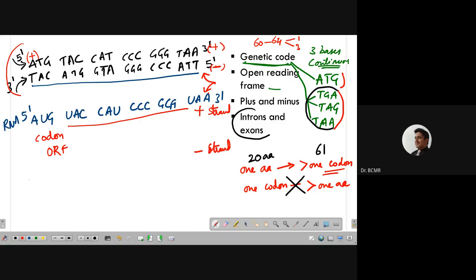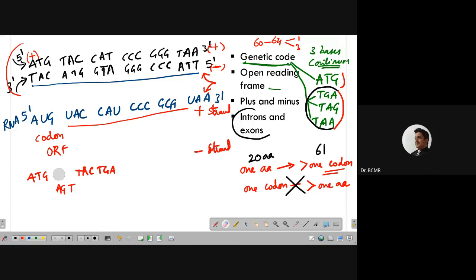Say for example, I will try to write a sequence, and I don't know if I can do it justice, but let's see. ATG, CAT, TAC, and TGA. I want to also write another one, ATG, right? There it is coming. Let me extend a little bit. GAT, TGA.